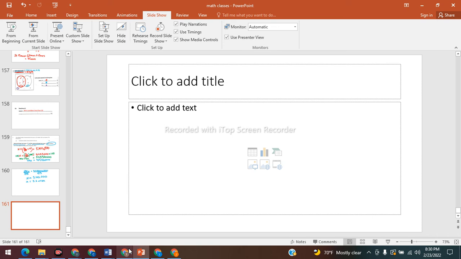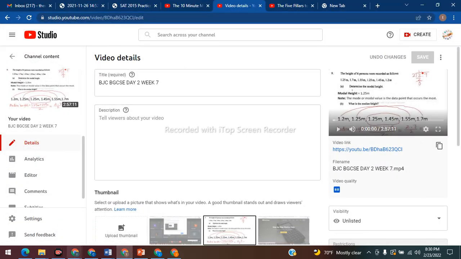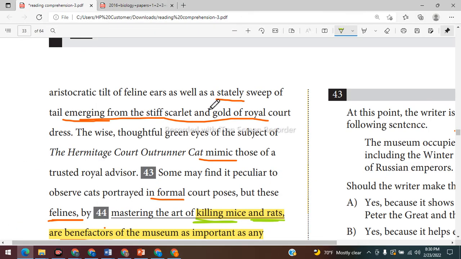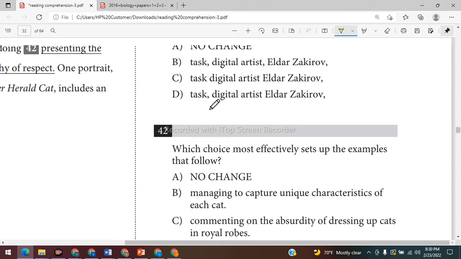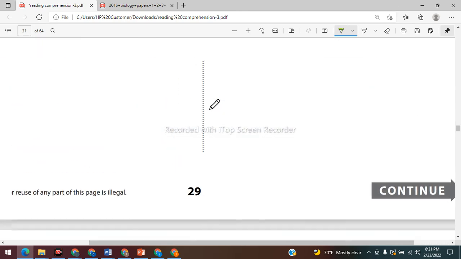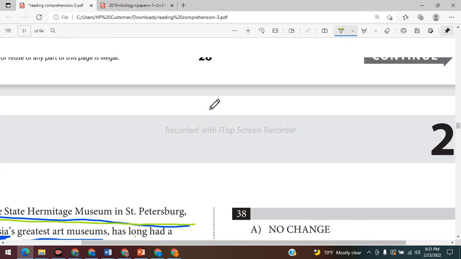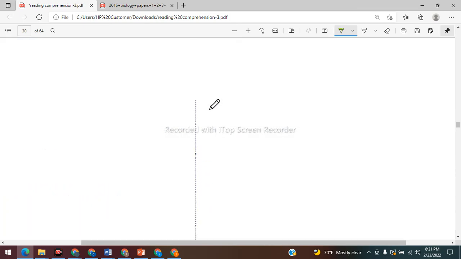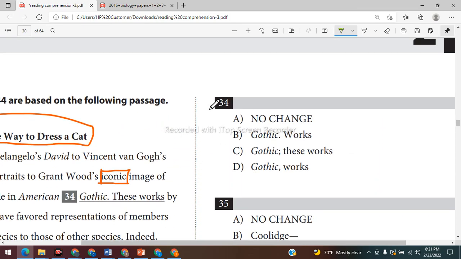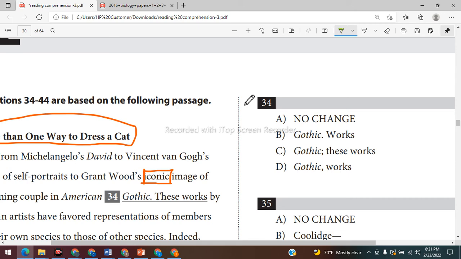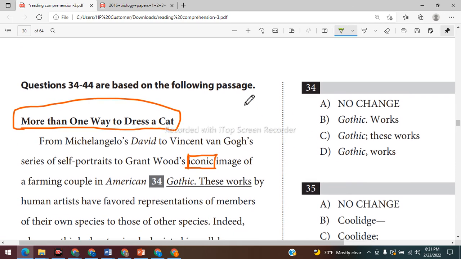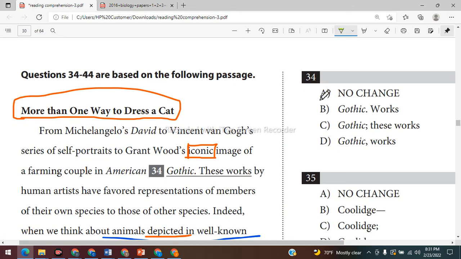Alright, so let's move on. Let's answer these questions. We start at number 34. Okay, 34. So what should it be? We have to go to Gothic.